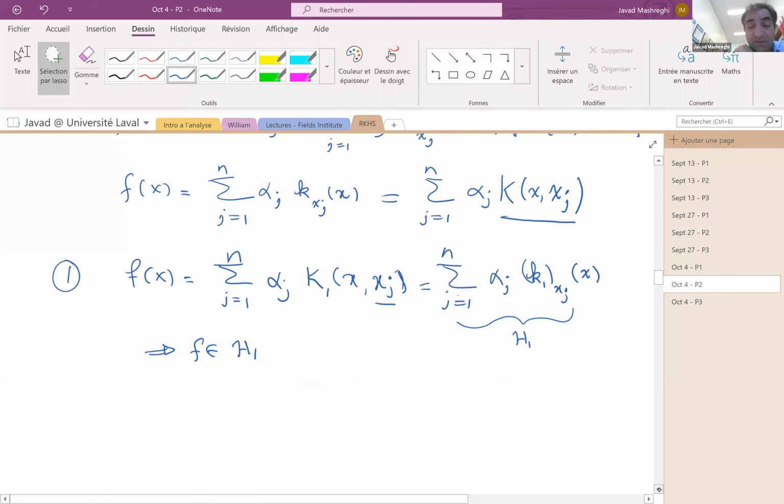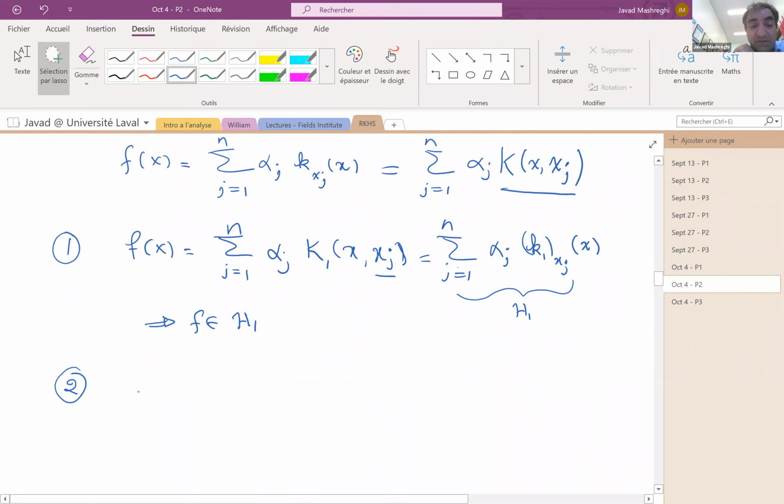Precisely the same thing can be repeated up to here, except that instead of K1, now I put K2 because K is also equal to K2.